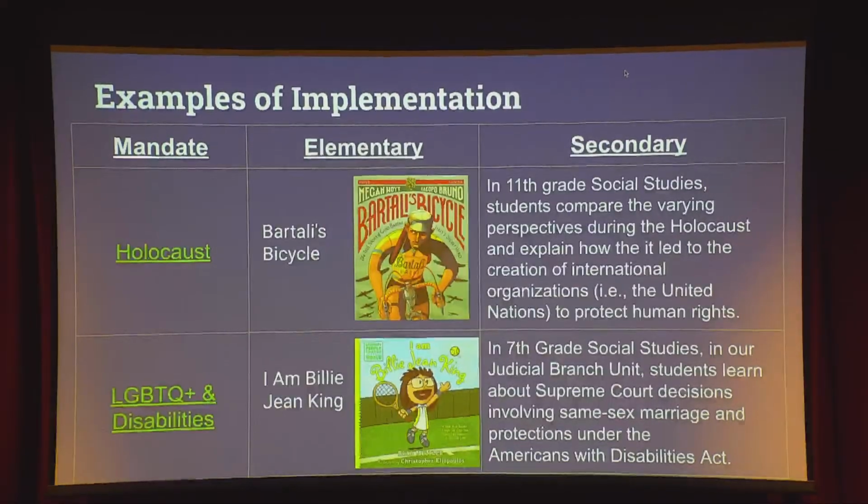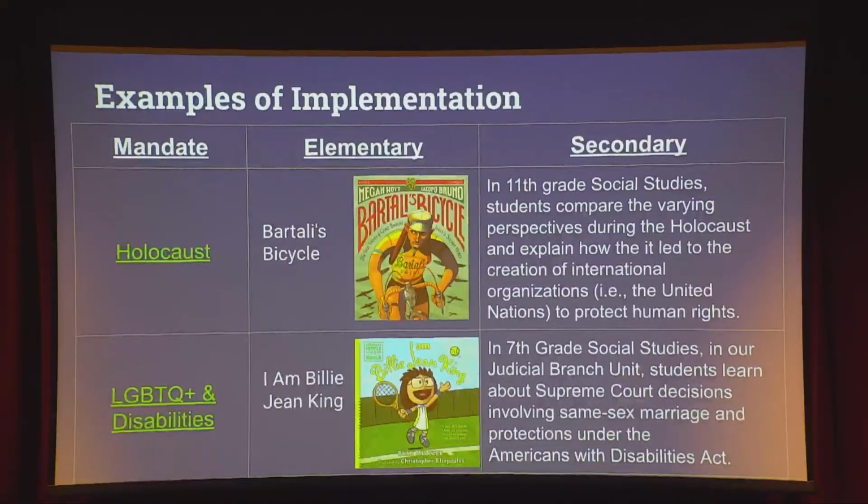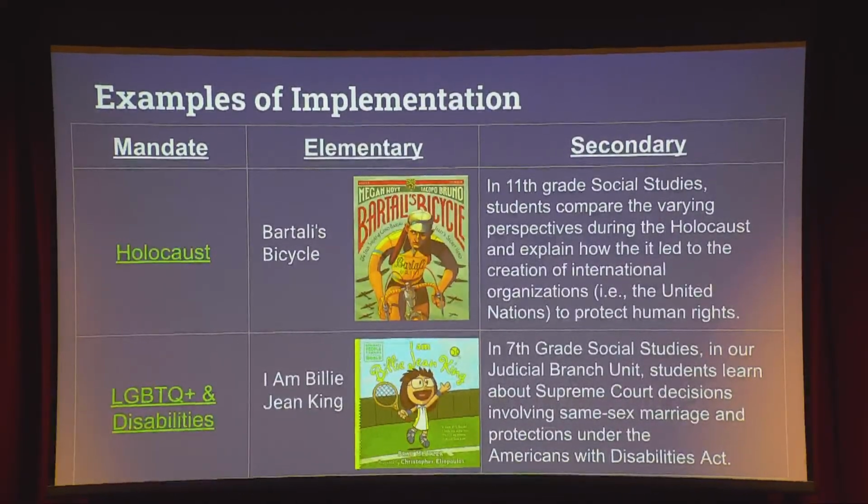On the next slide here, just a quick note again about the Holocaust. In elementary school, we're not giving graphic details of the Holocaust. That would not be age appropriate. But we are sharing with students maybe some reading. An example here is Bartali's Bicycle. It's a story about a cyclist from Italy that helped deliver fake identity papers to families that were hiding, right? So kind of sharing about a hero in this time.